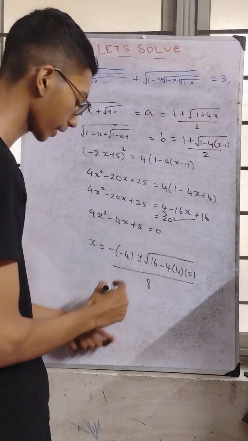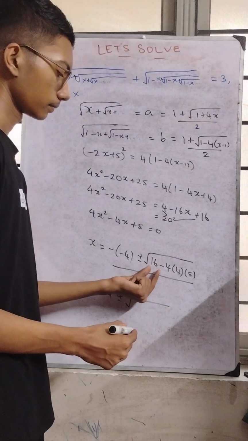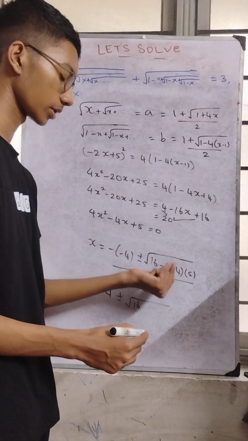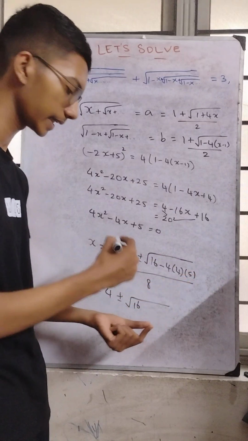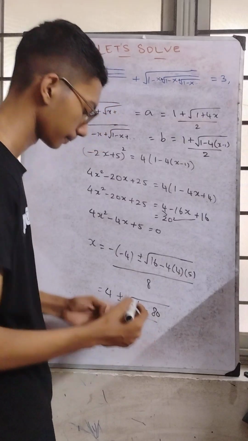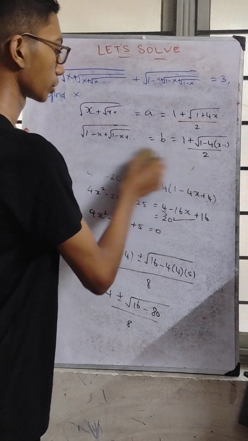So minus of minus 4 is 4, plus or minus root 16. 4 times 4 is 16, 16 times 5 is 80. So minus 80 by 8. So just get rid of the square root there.